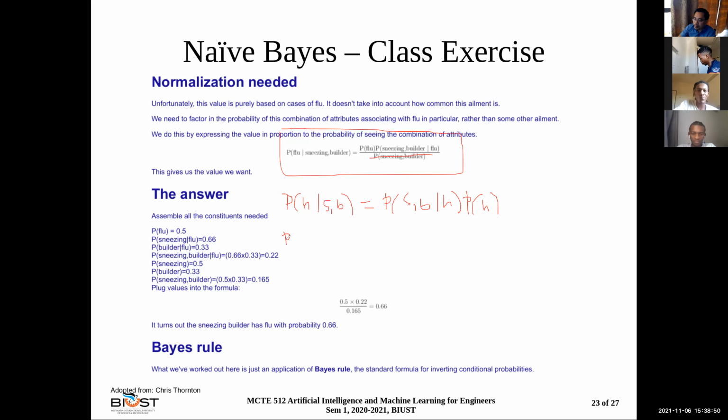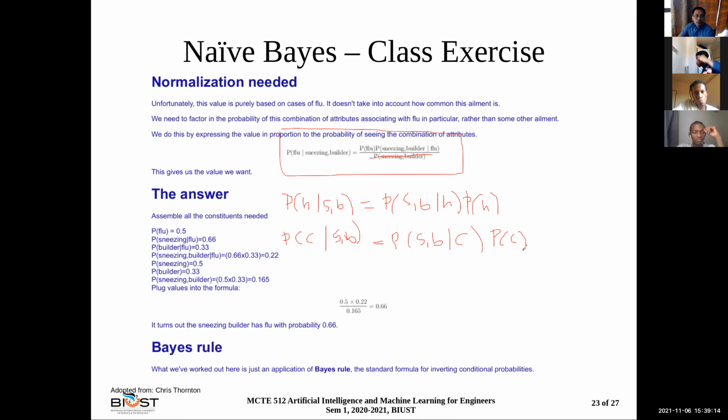Then we also take the probability of concussion given sneezing and builder, which is the probability of sneezing and builder given concussion, times the probability of concussion.